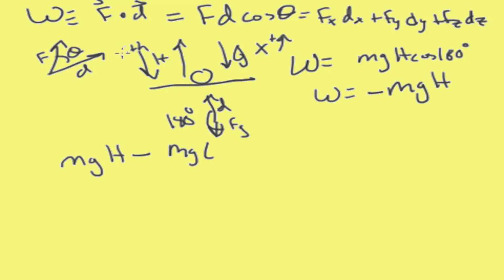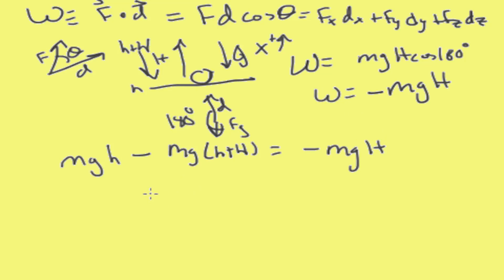This is little h now. Little h. This will be h plus little h. And then this one is little h. So this will end up being equal to minus mgh, which was the work that we had done.